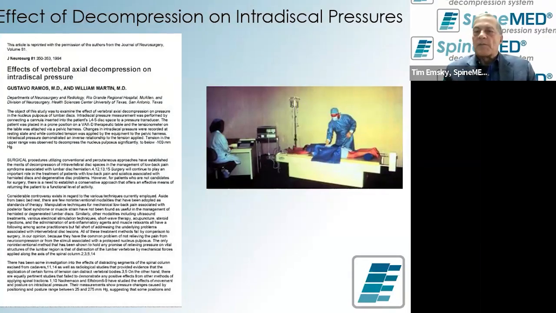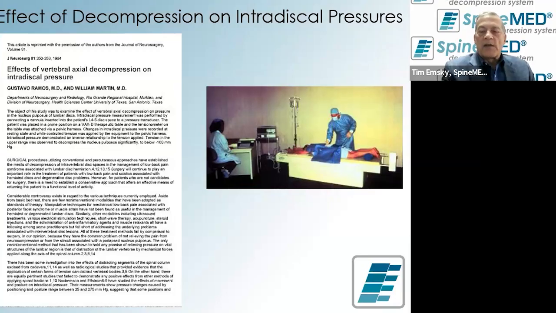Two neurosurgeons in McAllen, Texas, Dr. Ramos and Martin, had two VAX-Ds in their clinic. And because they're neurosurgeons doing a lot of spine work, they would do pre and post MRIs of their VAX-D patients. And they found such marked changes in the disc physiology that they chose to reproduce Nachemson's study and study the effects of the changes in intradiscal pressure during distraction on VAX-D.